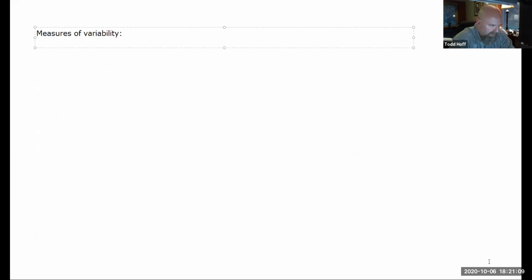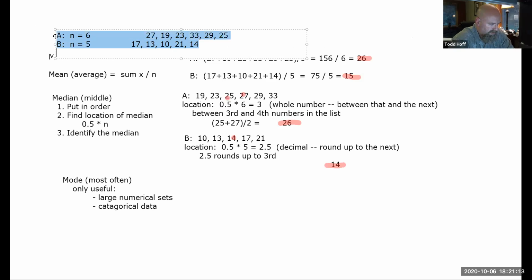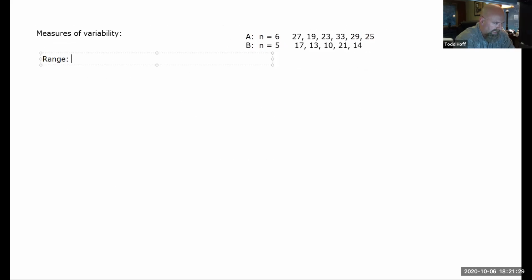So I'm going to grab my data set from back here again quick. Our first measure of variability is called the range. The range is simply the largest number, which is called the max, minus the smallest number, which is called the min.